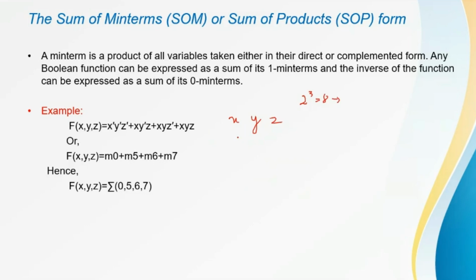So we have to write all the 8 combinations. 0, 0, 0. Okay. So we'll denote this if we are taking it as a min term, right? With the SOP. For SOP, we call it a min term.